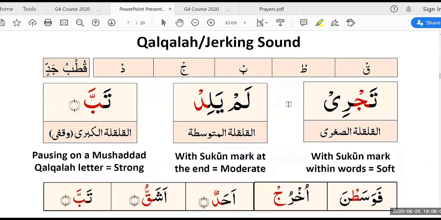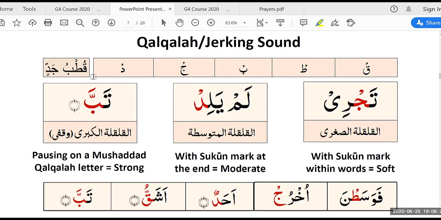Okay. So then next we covered letters of Qalqalah, huruf al-Qalqalah. And the rule for huruf al-Qalqalah is that we have to make a jerking sound. We know that we have 5 letters of Qalqalah: Qaf, Ta, Ba, Jim, and Dal.